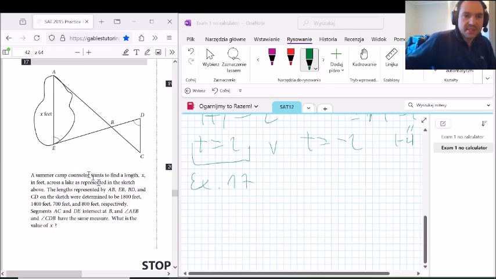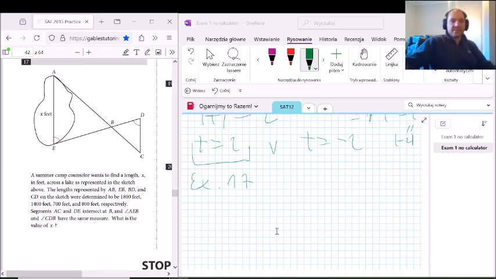The lengths represented by AB here, EB here, BD here, and CD here on the sketch were determined to be 1800 feet, 1400 feet, 700 feet, and 800 feet respectively. Segments AC and DE intersect at B, and the angles AEB and CBD, so those that are marked here, have the same measure. What is the value of x?